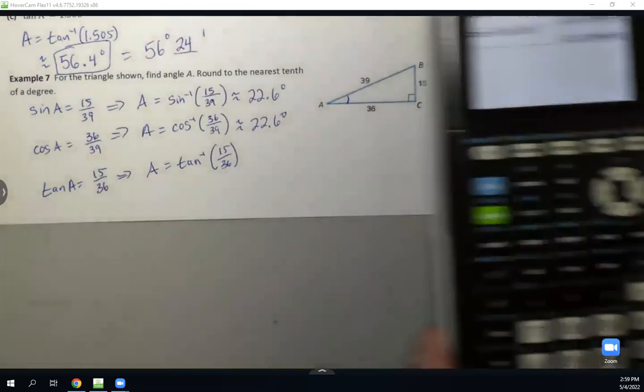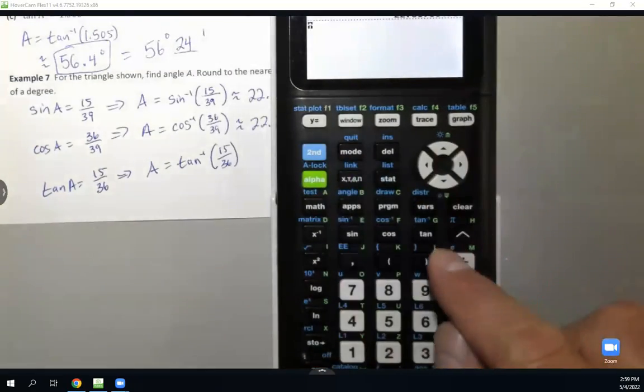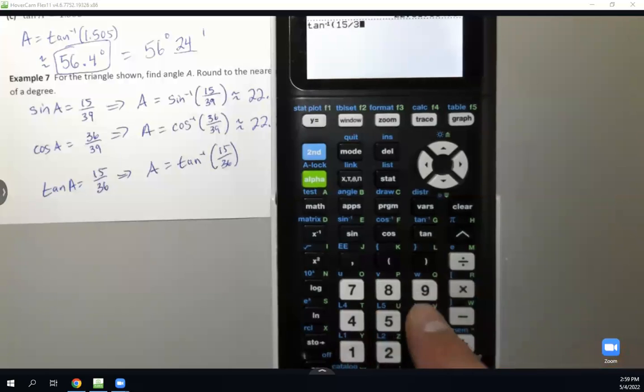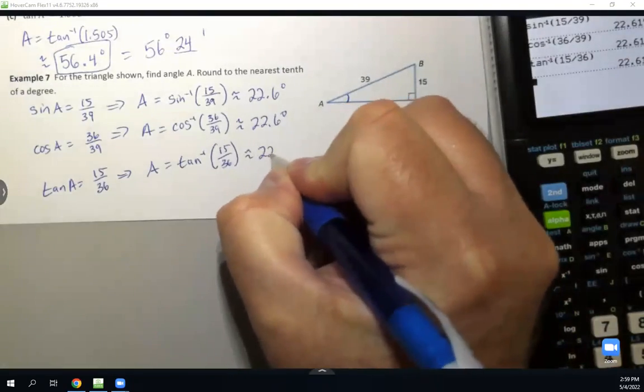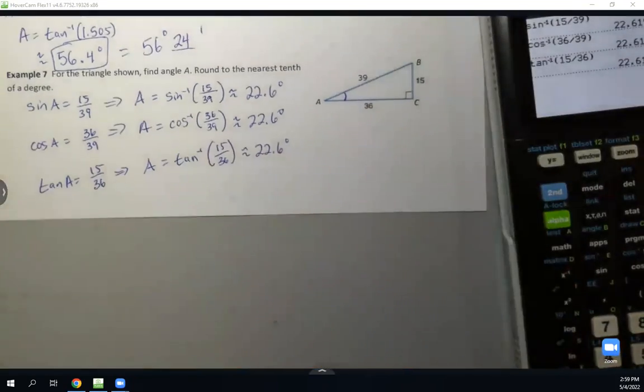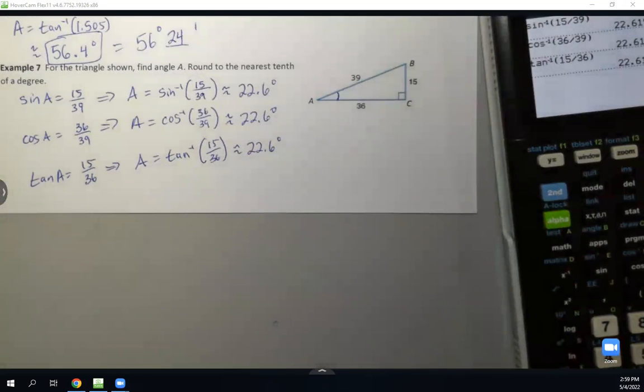And if I do inverse tangent of 15 over 36, I get the same thing. Now, do you have to do it three ways? No, that's silly, right? You wouldn't have to do it three ways, but you can do it any one of the three ways. Piece of cake.